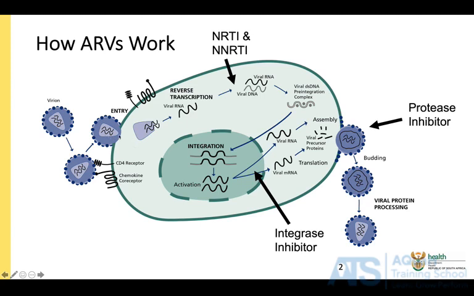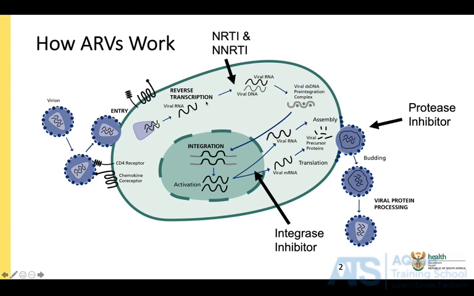And this is where the viral genome or genetic material would be released into the cytoplasm of the cell. When we say the viral genome or genetic material, we mean those 2 single-strand RNAs together with those 3 key enzymes.